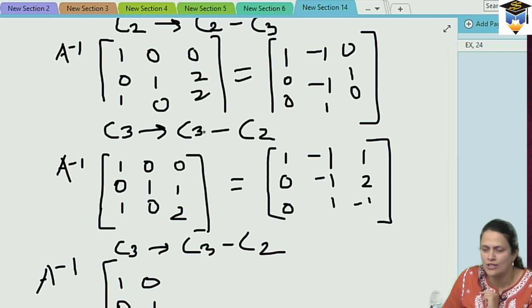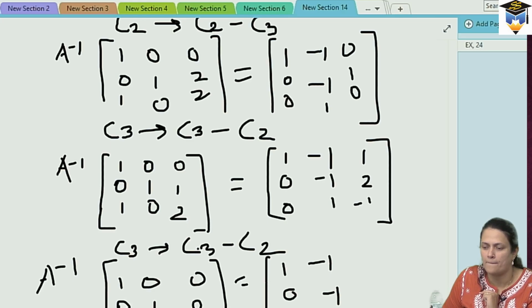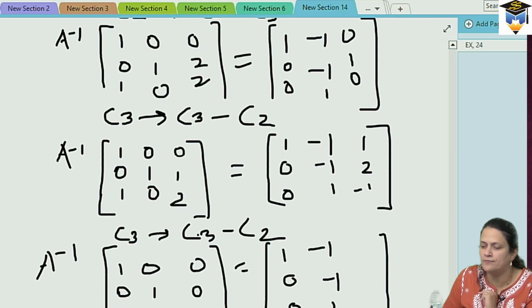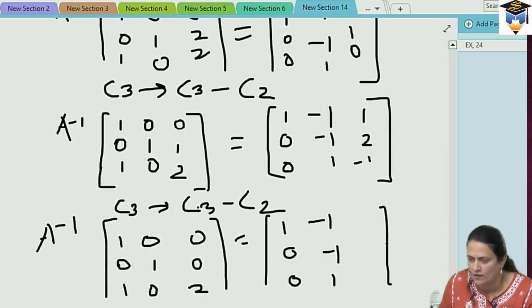C3 is going to change, C3 minus C2, 0, 2, 0. So C3 minus C2 is going to become 1 minus of minus 1 plus 2, 3.